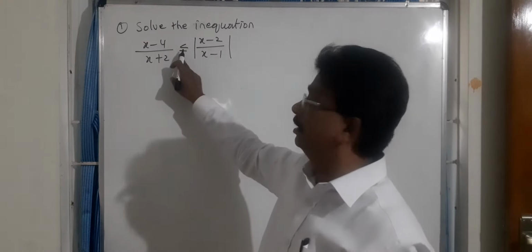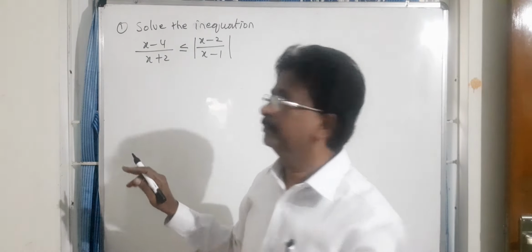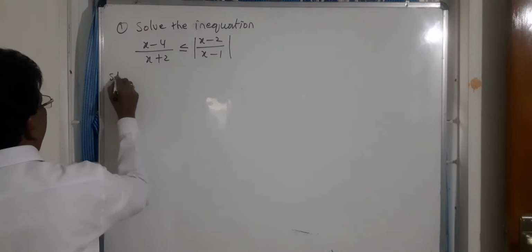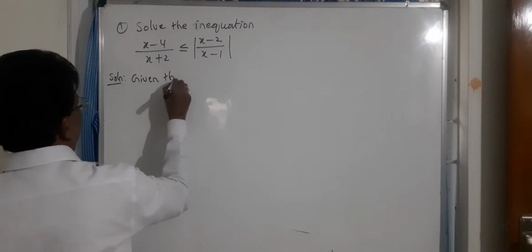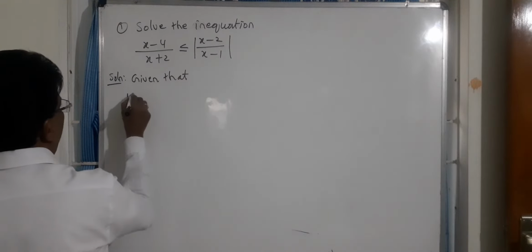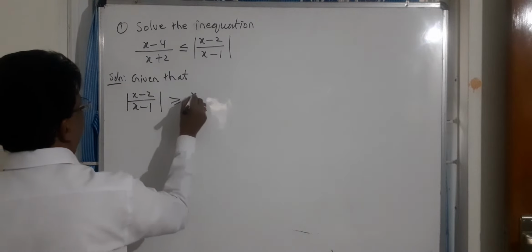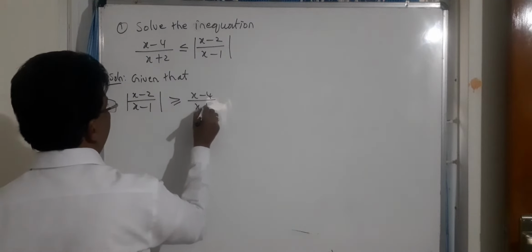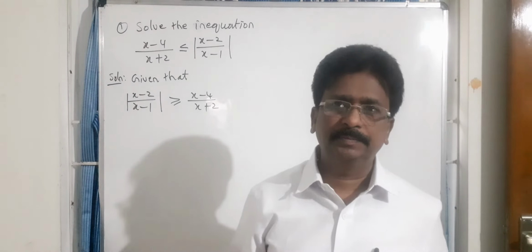Here less than or equal to is there, it changes as greater than or equal to. So given that the modulus of (x minus 2) divided by (x minus 1) is greater than or equal to (x minus 4) by (x plus 2). This is the given inequation.